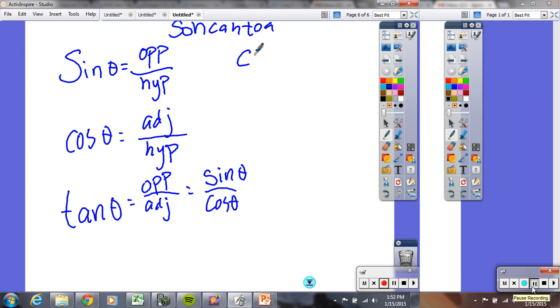So cosecant, which is the same thing as, by the way, 1 over sine of theta. You will be doing identities later, like the Pythagorean method. Cosecant is hypotenuse over opposite, right?